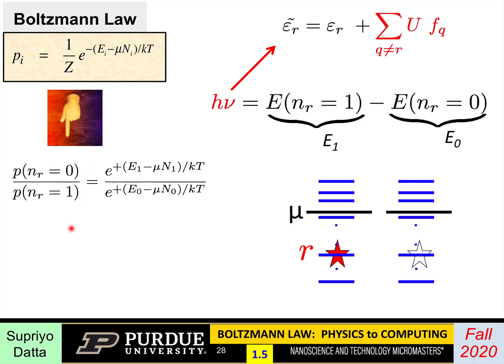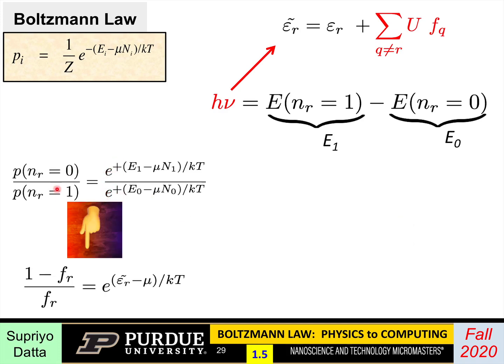So when probability nr equals 1, then it would be e to the power minus E1 minus mu n1 over kT, and probability that nr equals 0, that's this one, would be this. And we have kind of switched the minus to a plus and turned it around.